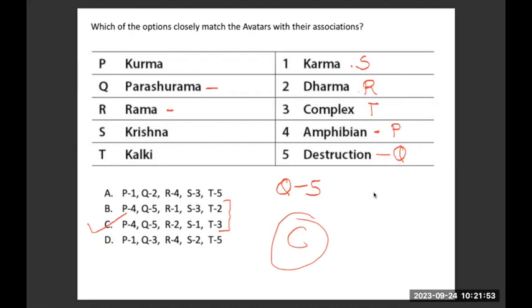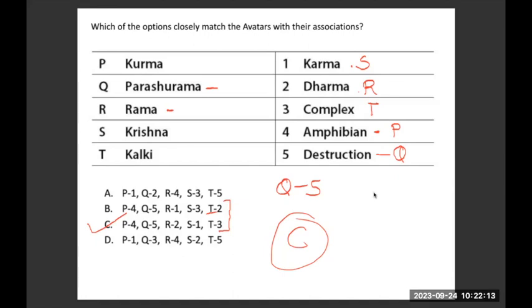Or even Kurma. I didn't know about it, but I went with my first guess of Parshuram. Then I came to either B or C as an option. Between B and C, I guessed. I started with the other options where the variations were seen, and for Rama, I was pretty much sure that it will be Dharma only.